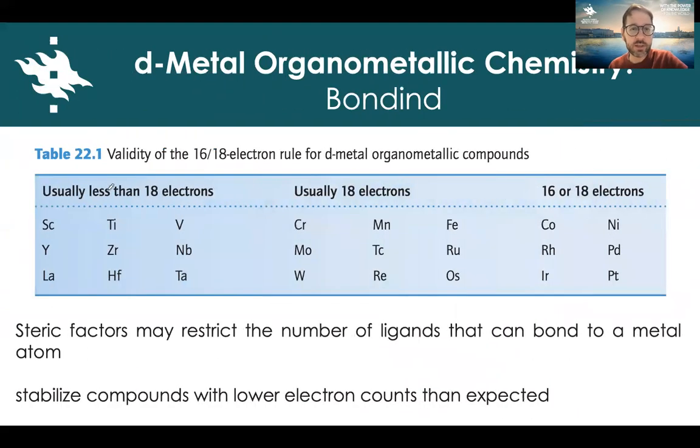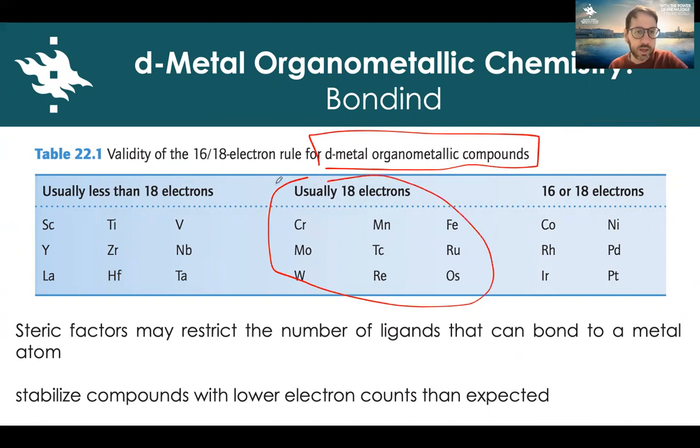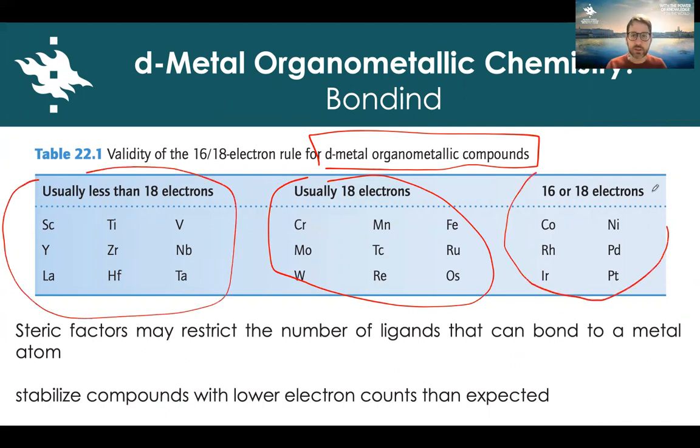Here is a table summarizing the validity of this 16 or 18 electron rule for organometallic compounds of the d metals. So the metals that usually have 18 electrons, and then metals that usually have less, or metals that can have either 16 or 18 electrons.